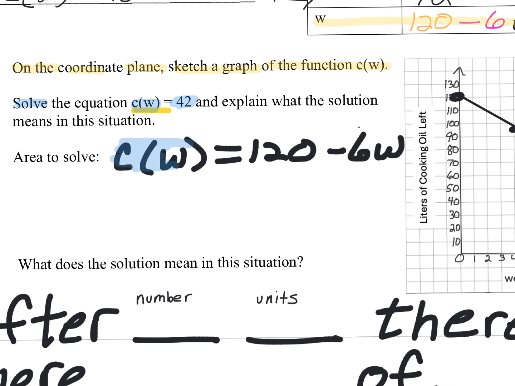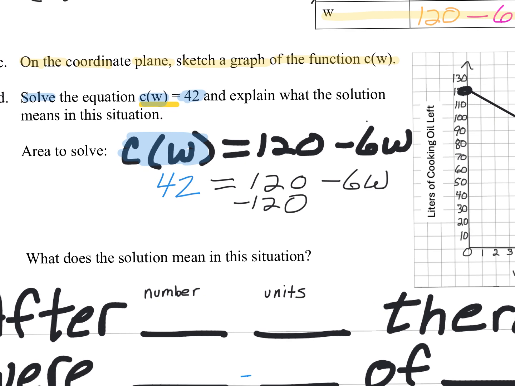So I'm going to replace C of W with 42, and then solve by isolating my variable. So subtract 120 from both sides.